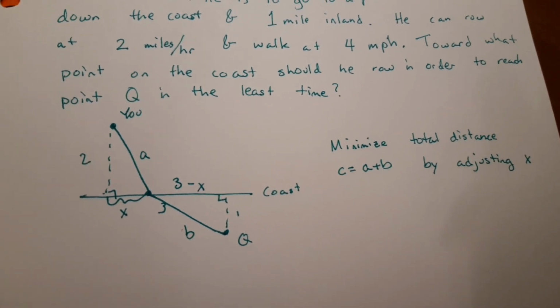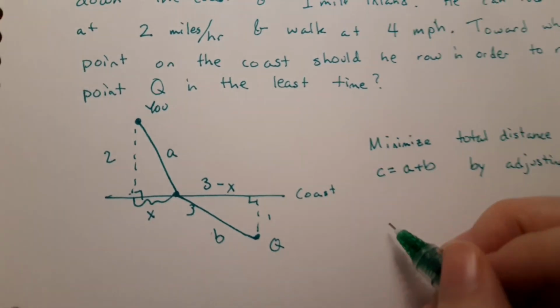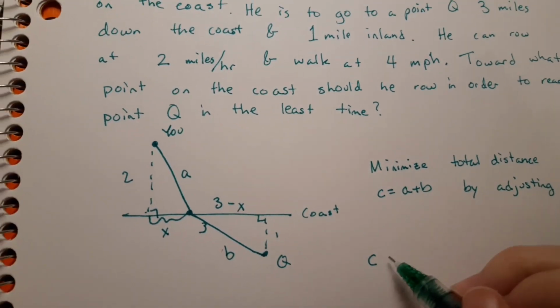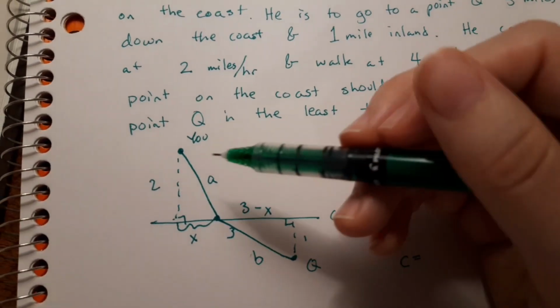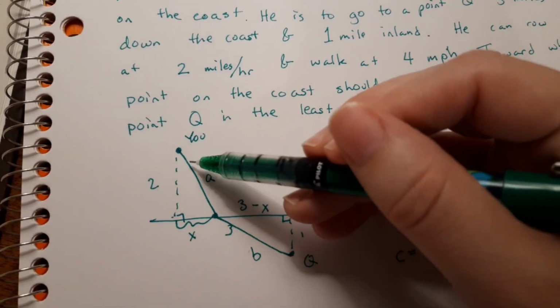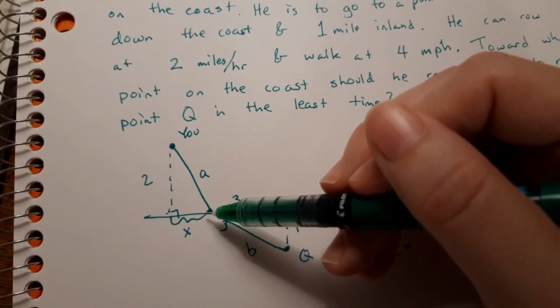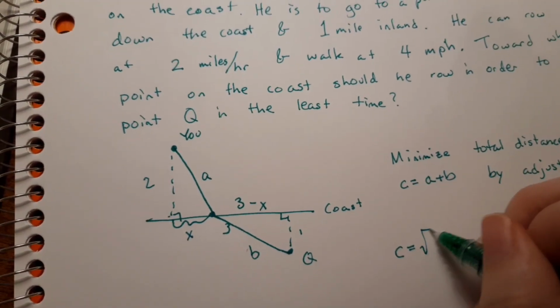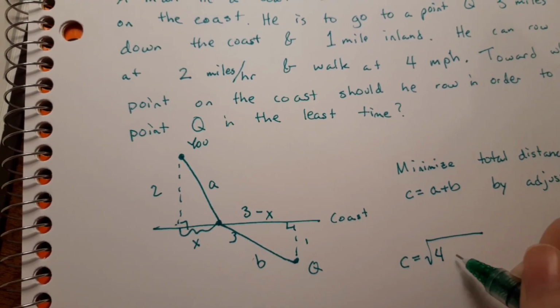So the total distance C is the distance A plus the distance B. Using the Pythagorean theorem, A squared equals 2 squared plus X squared, so A is the square root of 4 plus X squared.